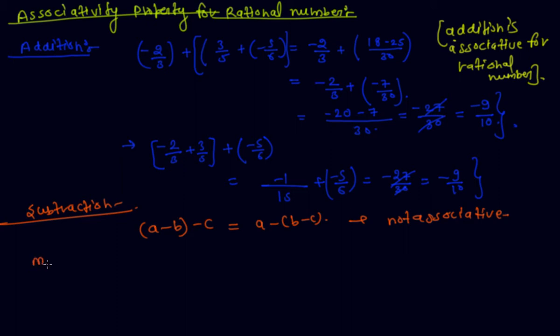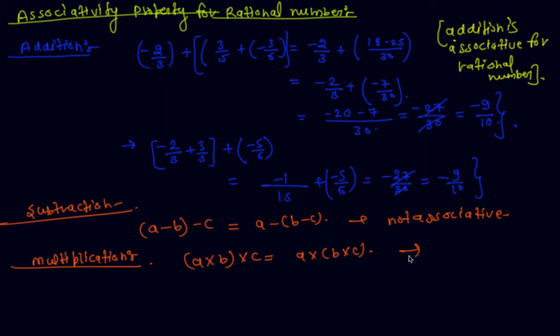In the case of multiplication, a into (b into c) equals (a into b) into c, where a, b and c are rational numbers.